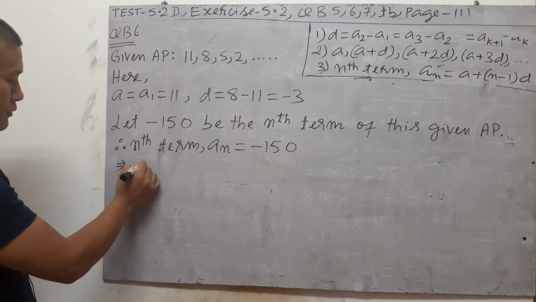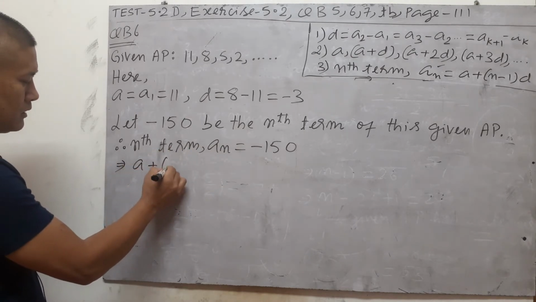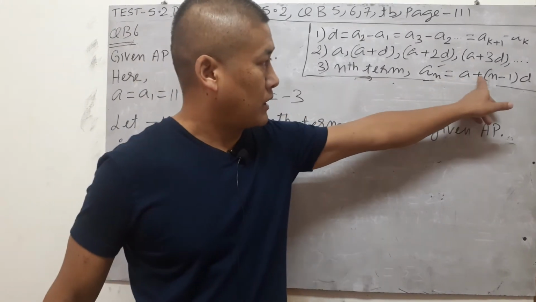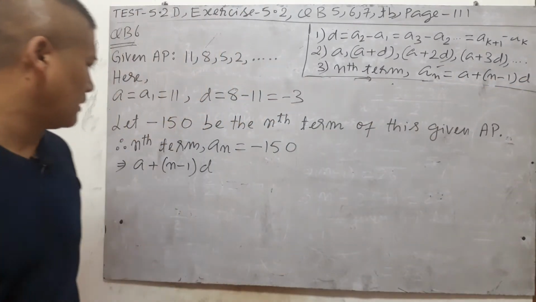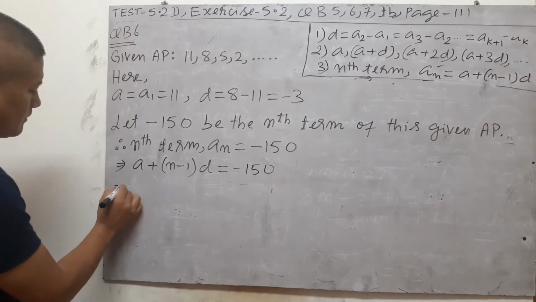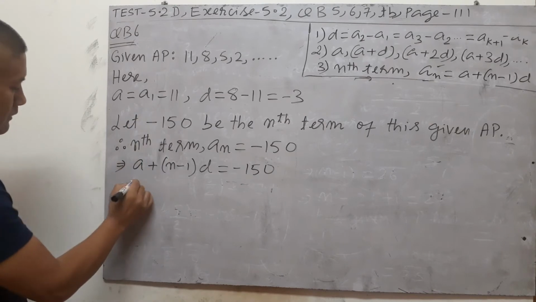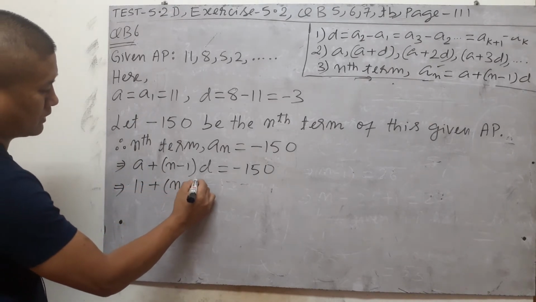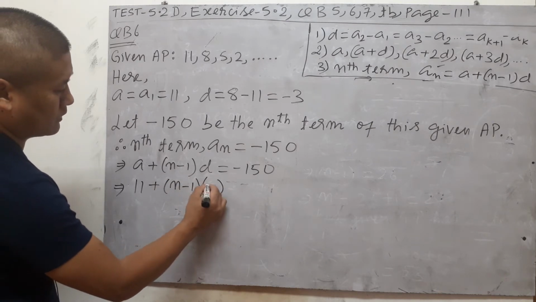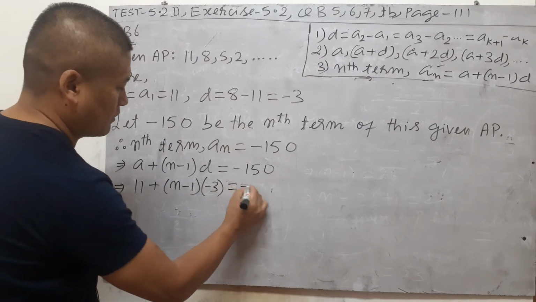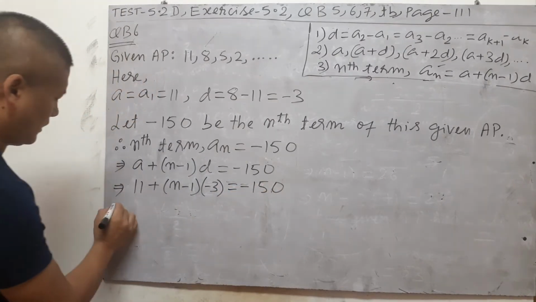Here the an formula is a plus n minus 1 into d. So a plus n minus 1 into d equals minus 150. Then a here is 11, plus n minus 1 into d, which is minus 3, equal to minus 150.